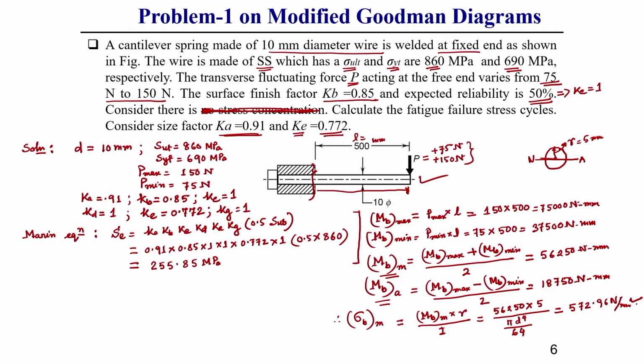This is sigma mean, the mean value I have found. So, what is the sigma amplitude, that also we need to find out. For finding this amplitude I am going to the next slide, that will be better.